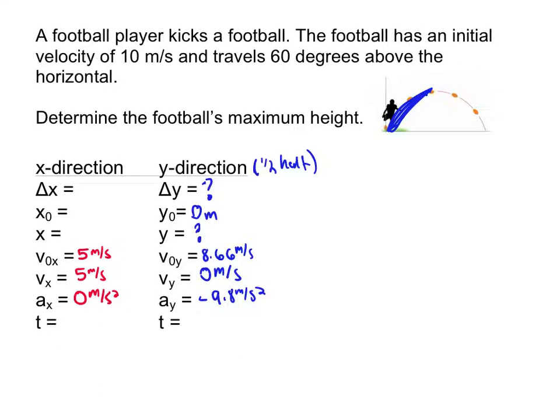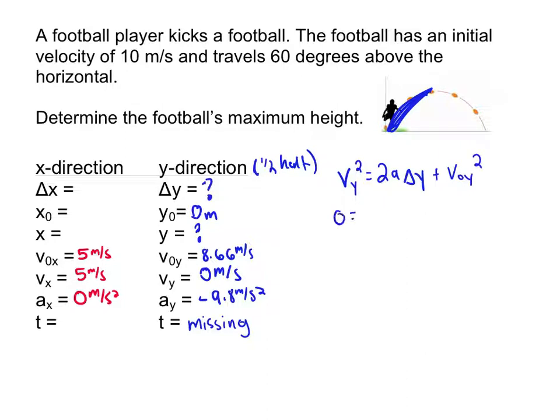So this ends up being pretty straightforward because we have that time missing here. So finding the height, we only really need to work in the y direction. The equation that's missing time is our v squared equation, so we're going to use the y version of that equation. V squared y is equal to 2a times delta y plus v initial y squared.